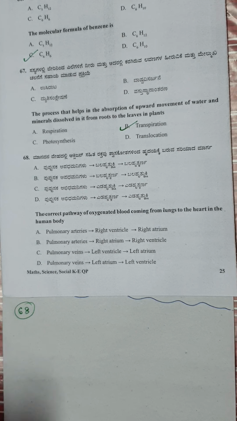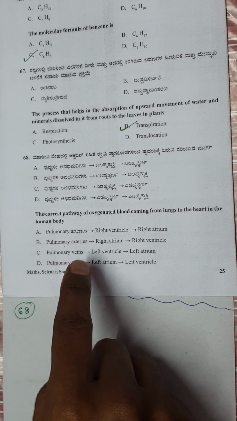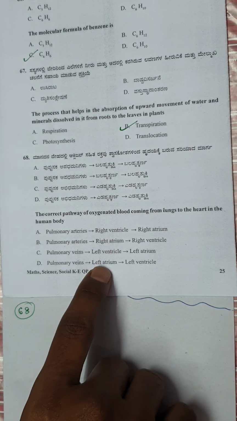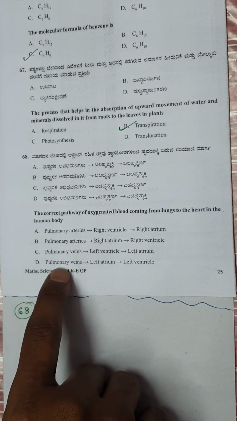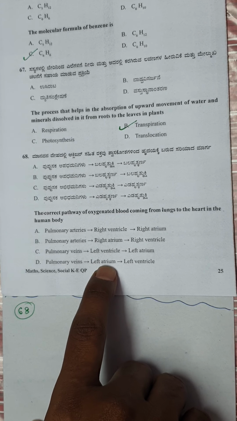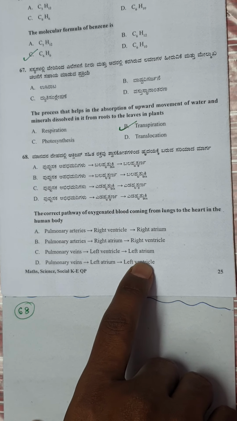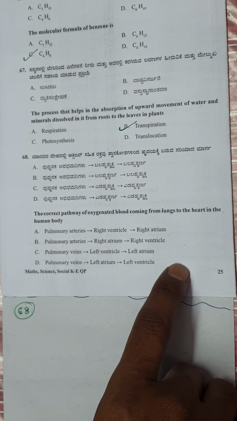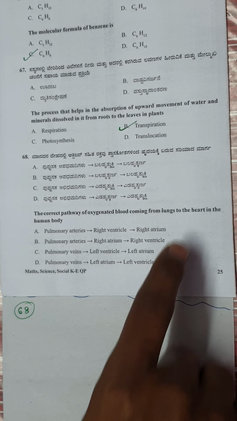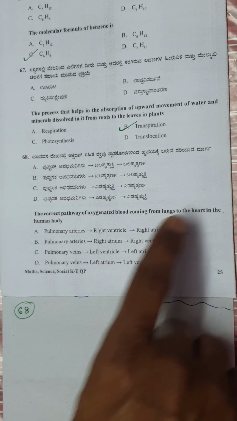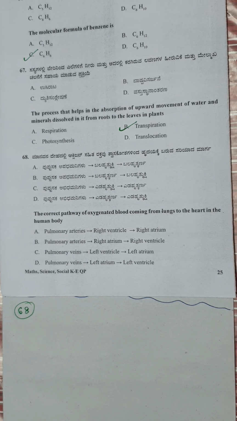Okay, you know the process clearly. I'm just giving you an idea. So from lungs, it will reach the left atrium through the pulmonary veins, from left atrium to left ventricle. From left ventricle, it will reach the different parts of the body, where you will find heart as one of the parts, and it reaches the heart. And through aorta, we know that process also.